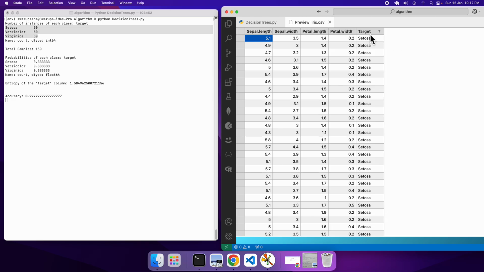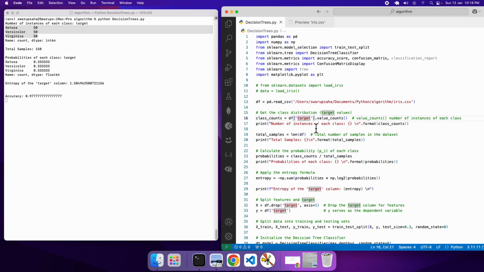As you can see right over here in the dataset, sepal length, sepal width, petal length and petal width are all independent features. So there are a total of 4 independent features, but there is one dependent feature, based on which the decision tree is going to be implemented. So this is my target, my dependent feature, and that is what I'm referring to right over here.